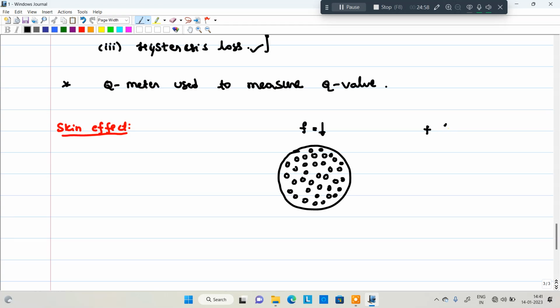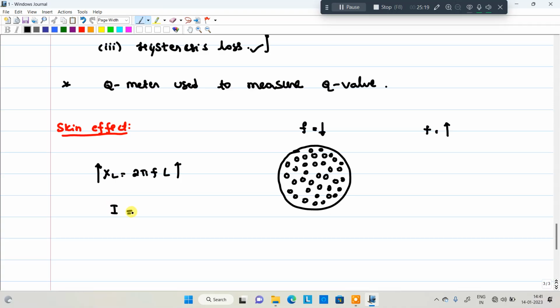In case the frequency increases, the reactance value increases. Yes or no? Because XL is equal to 2 pi FL. As the frequency increases, XL also increases.